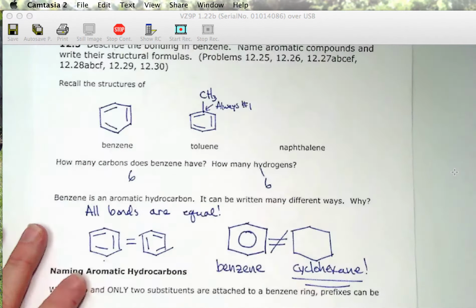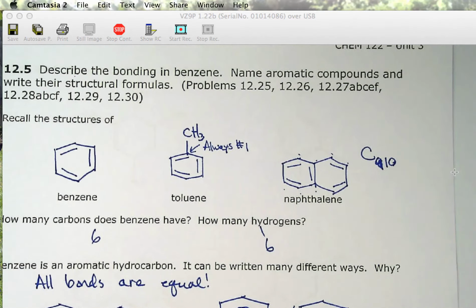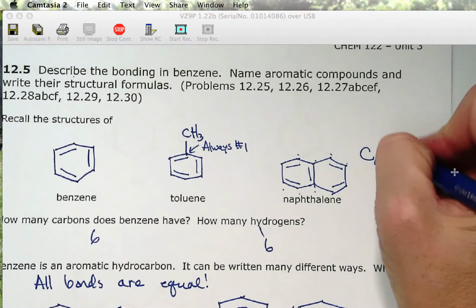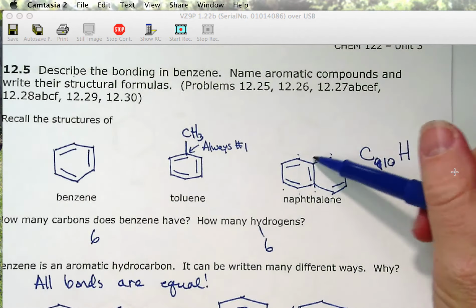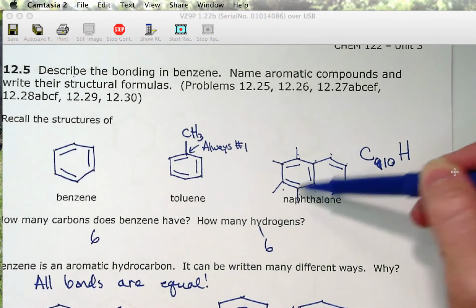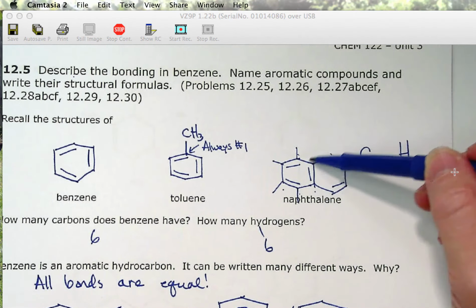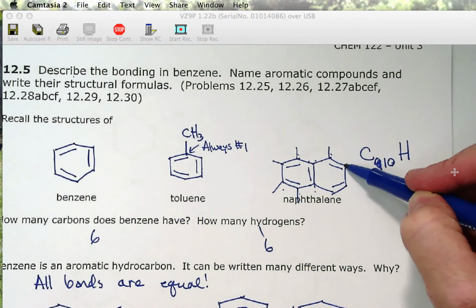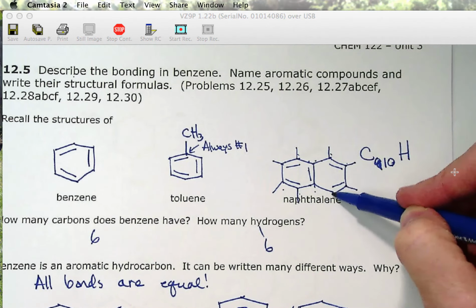C10. How many hydrogens are there? 1, 2, 3, 4, 5, 6, 7, 8.